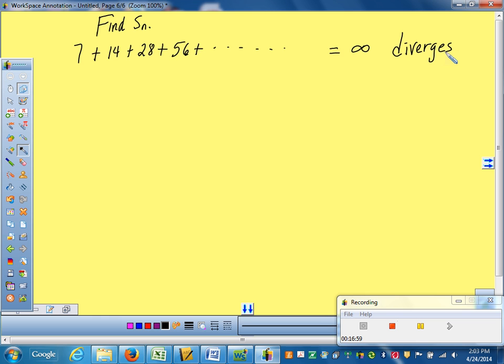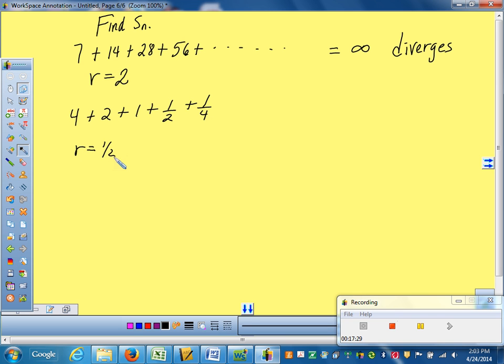Notice, what was your ratio on this problem? 2. Okay, now, watch this one. What's my ratio on this one? My ratio is a half.